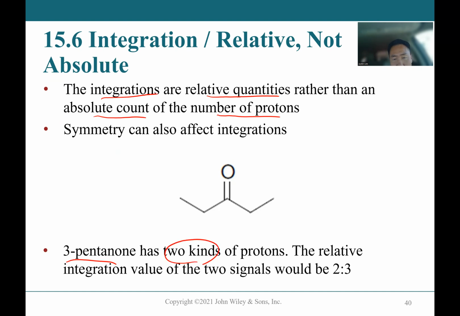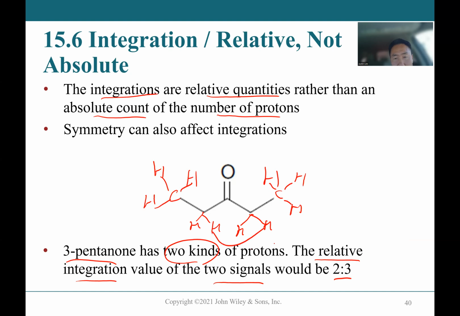3-pentanone has 2 kinds of proton. The relative integration value of the 2 signals would be 2 to 3. So there are 2 hydrogens here, 3 hydrogens here. But this one, total 4 hydrogens, here 6 hydrogens.